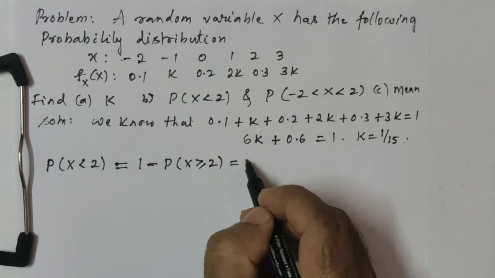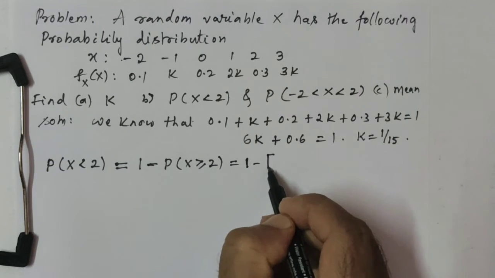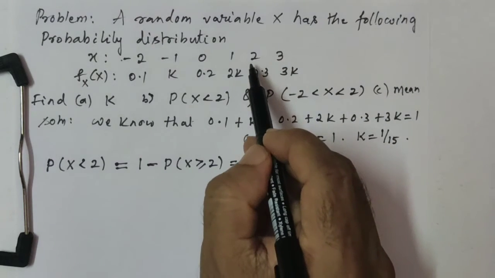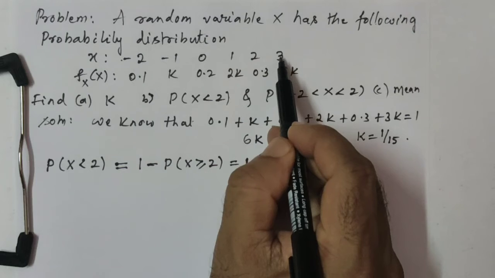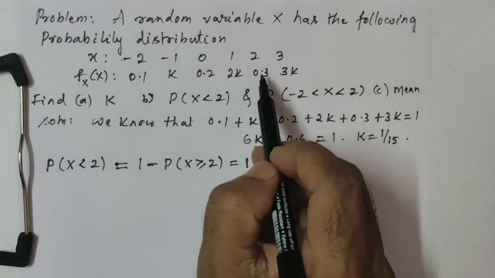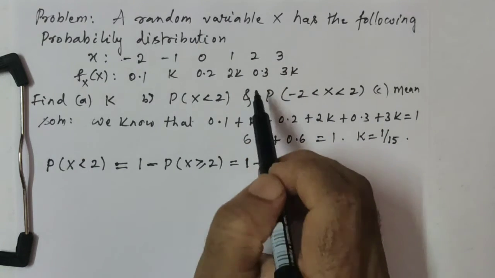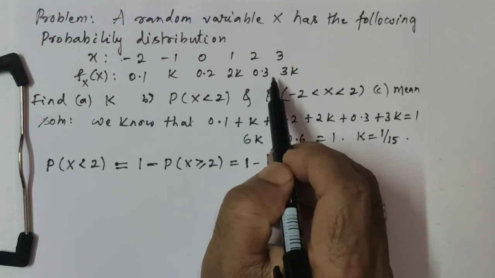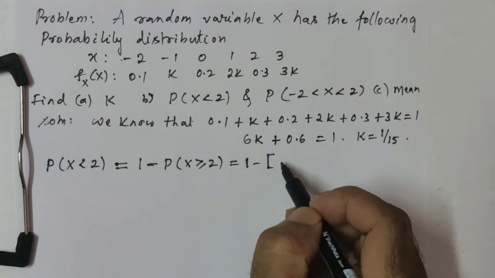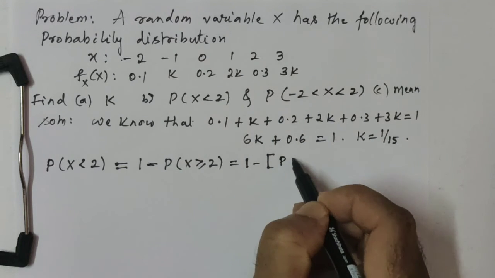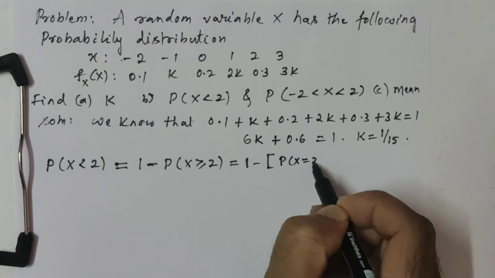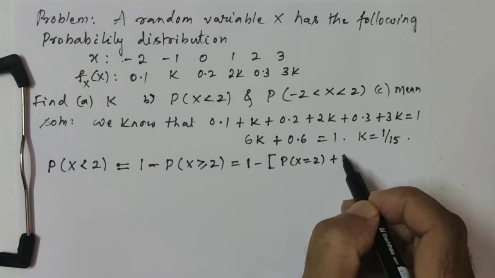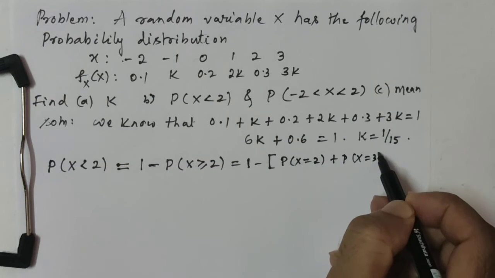So this is equal to 1 minus probability that x is greater than or equal to 2, which is 2 and 3. Probability that x greater than or equal to 2 is probability of 2 plus probability of 3. That is 0.3 plus 3k. So 0.3 is probability that x is equal to 2 plus probability that x equal to 3.